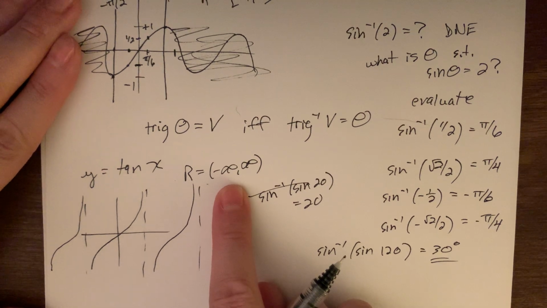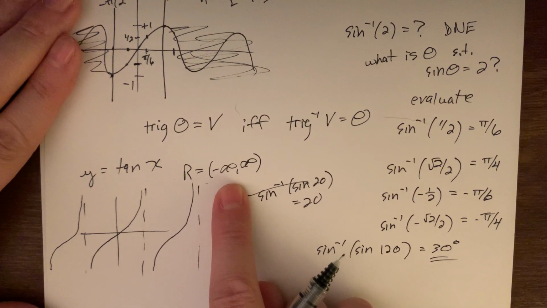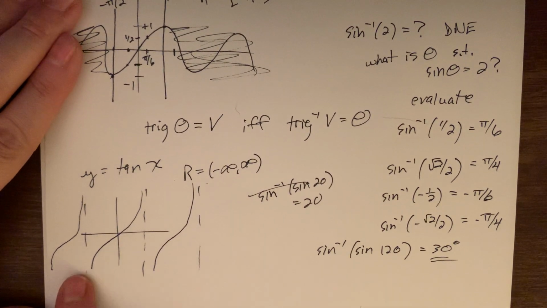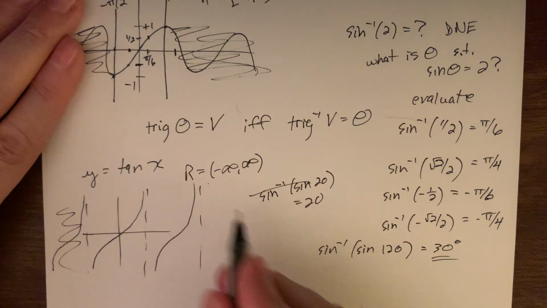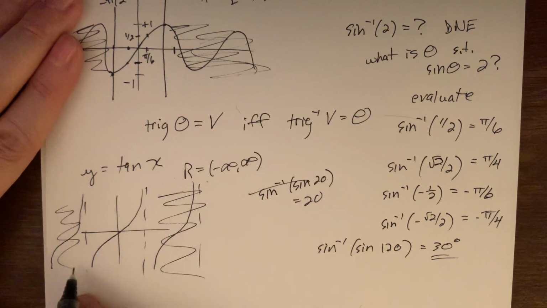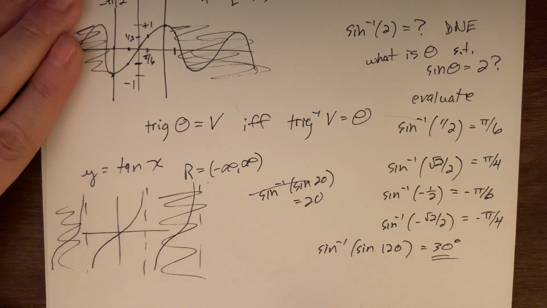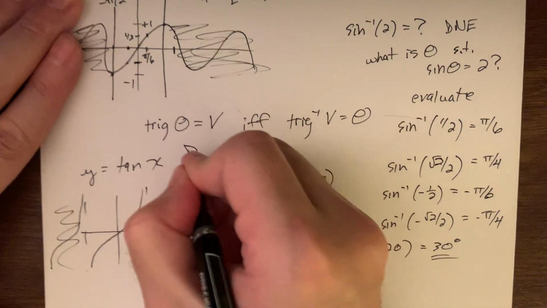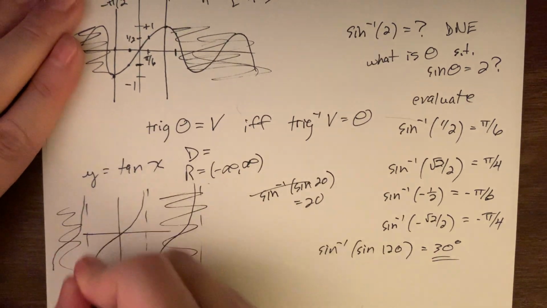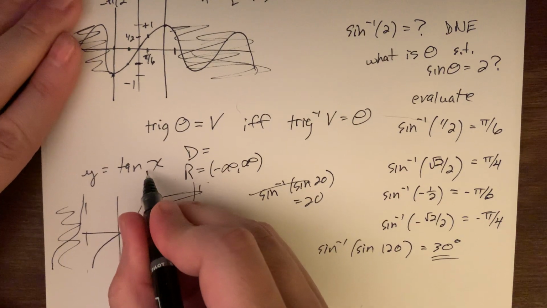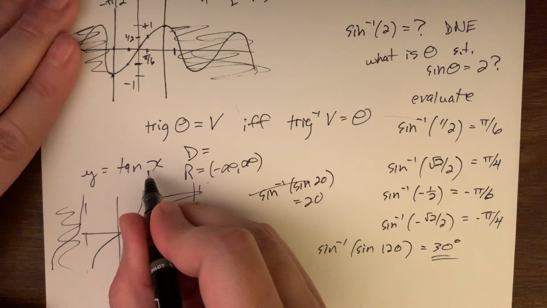And the reason I followed up sine with tangent is because these asymptotes already do that nicely for us. I could go from here to here. Ignore the cycles before and after this primary cycle, and that will give me the full range. And that restriction, well, this asymptote, remember, tangent is sine over cosine, so when is cosine not defined?